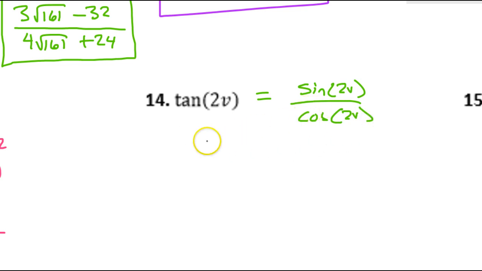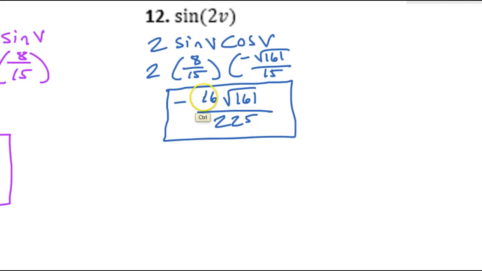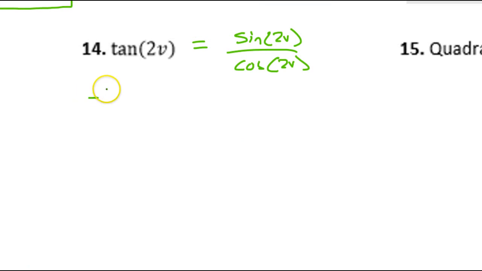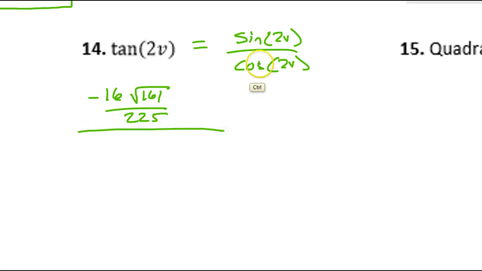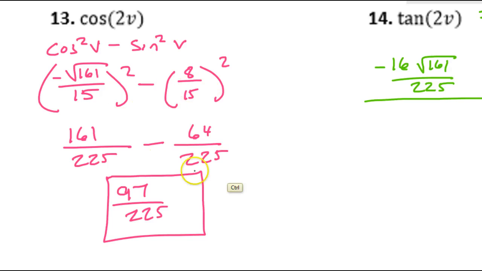Alright, 2 things which we just found. So sine of 2v is this negative 16 radical 161 over 225. Now the cosine of 2v is 97 over 225.